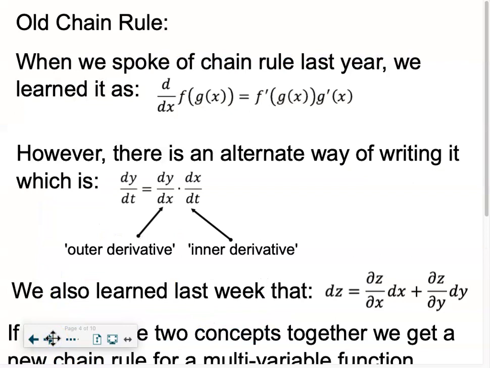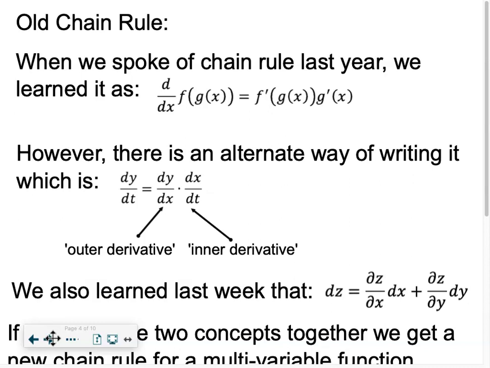So another way to write it, and this is just a simple single variable version, is dy/dt equals dy/dx times dx/dt, where dy/dx is like your outer derivative, say you have y with respect to x, and then your inside function, which is your x with respect to t, right?